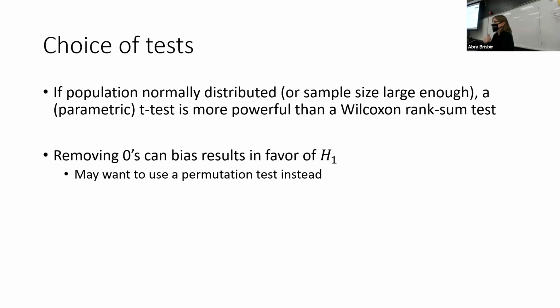So that's why R gave us that warning on the previous slide about cannot compute the exact p-value in the presence of ties. In that case, especially if you have a lot of ties, it may be better to use a permutation test instead. If that's something you're interested in, feel free to stop by office hours and I can provide some background about that.